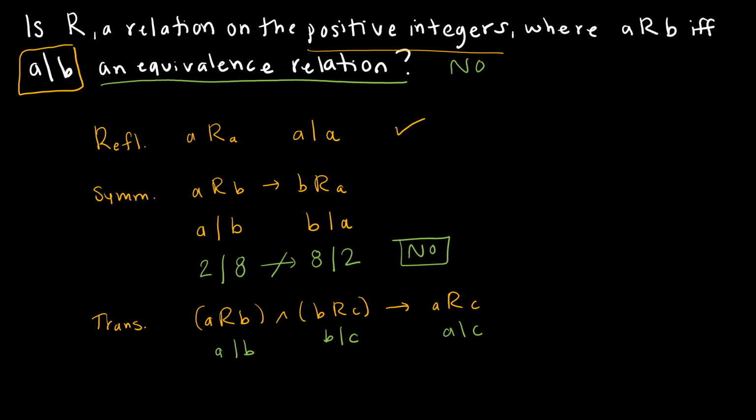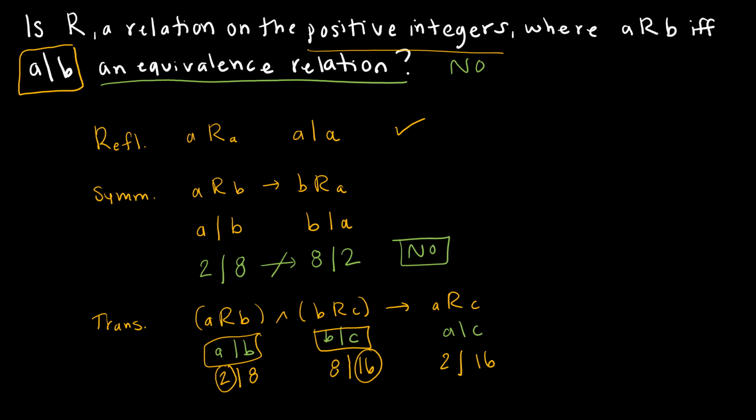So if I take a look at A divides B, let's just look at an example using actual numbers. So 2 divides 8. We already know that's true. 2 goes into 8 4 times. 8 divides 16. So again, these two are a given. So 2 divides 8, 8 divides 16, that's totally true. A divides C is 2 divides 16.